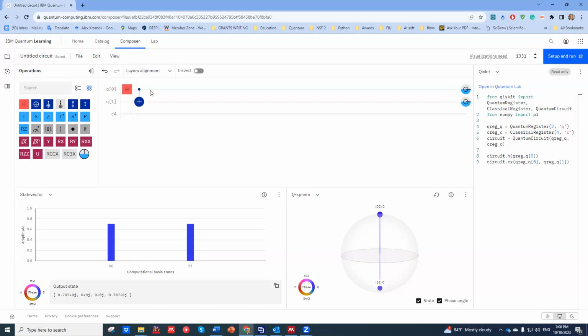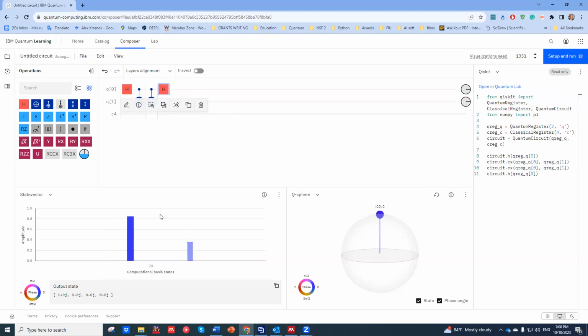And you can use this circuit in reverse to split the states to the initial ones. So what you do, you just do the same, but in the opposite order, right? You apply this C naught and then Hadamard, and your result is state 0, 0. So 0 here, 0 here.